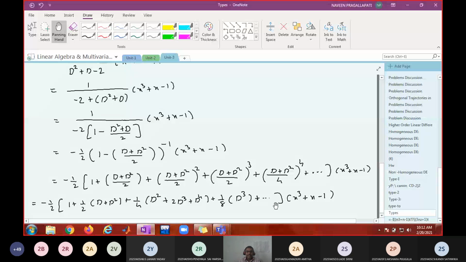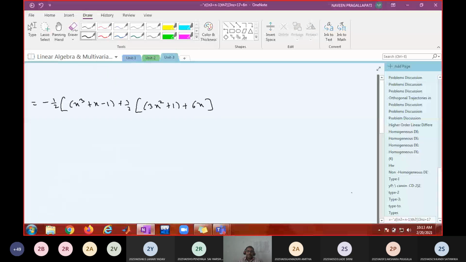That means you have to apply 2 times derivative. First derivative is 3x square plus 1. What is the second derivative? 6x, since the derivative of 1 is 0, right? So plus 6x. So this is over.